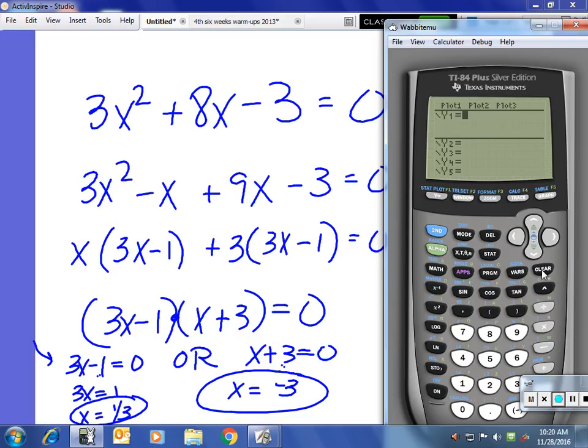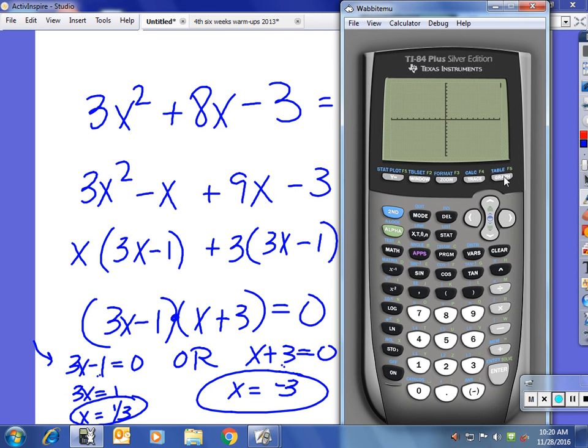I'm going to look at this just to verify that. I'm going to put this into my calculator. Y equals 3x squared plus 8x minus 3. Okay, now let's look at a picture of it. Does negative 3 look correct? Looks correct to me right there.